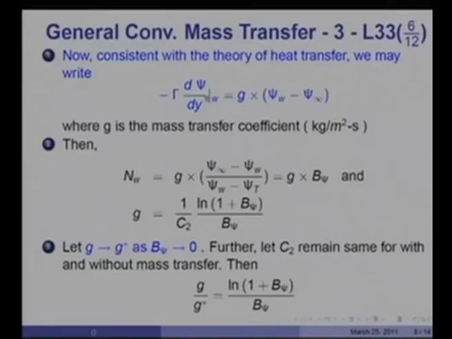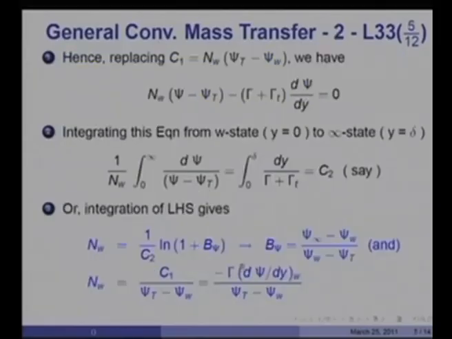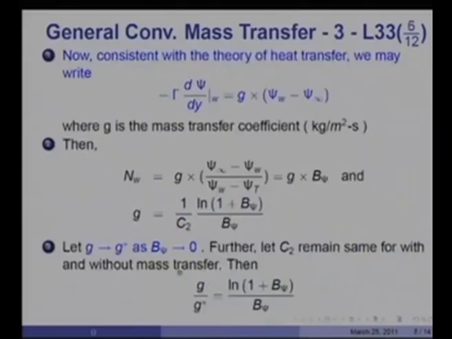If I replace this quantity in the previous expression, I can get C1 in terms of g, and therefore the final form would look like N_W equal to g times (psi infinity minus psi w) divided by (psi w minus psi t), or simply g times b psi, and g itself would be 1 over C2 times ln(1 plus b psi) divided by b psi.